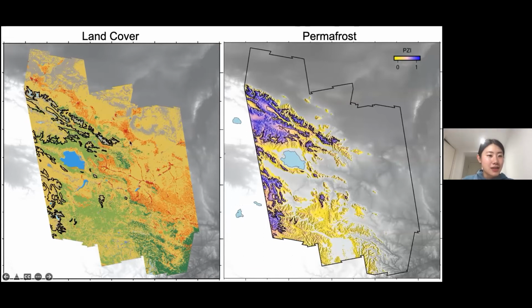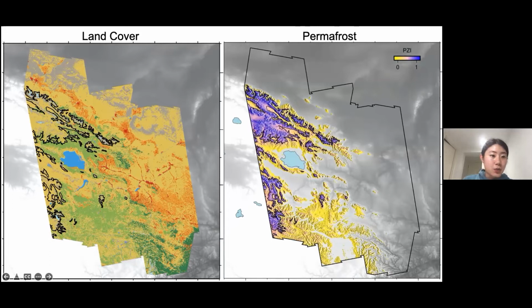On the left, I'm plotting the contour extracted from the permafrost zonation map. The higher the value, the more likely this area will have permafrost.